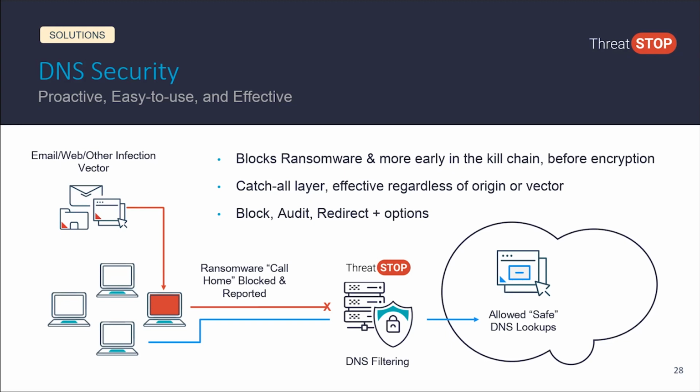And with DNS, you have the ability to do blocking, you have the ability to allow it through and audit it, and you also have the ability to rewrite the result, allowing you to redirect. So for example, for phishing, instead of being worried about having to do phish training occasionally on your people, you can actually use real phishing data, real phishing sites. And when they click on that link, direct them to a web page that says, hey, you just clicked on a phishing link.